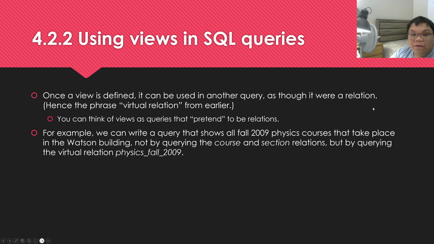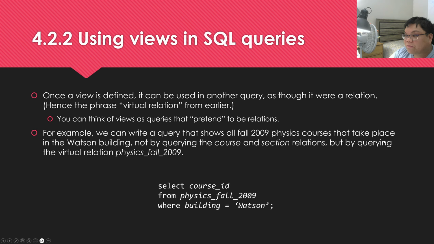Once we define a view, we can use it as though it were a relation. For example, we can write a query that shows all 2009 physics courses that take place in the Watson building. Not by querying the course and section relations, but by querying the virtual relation physics fall 2009. So, once we define a view, we can use it as part of a query.